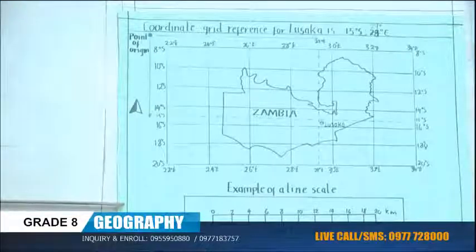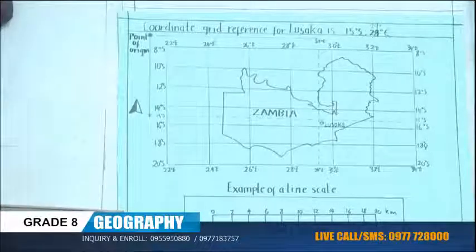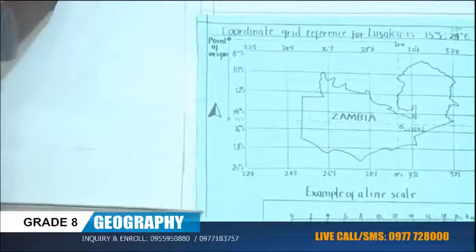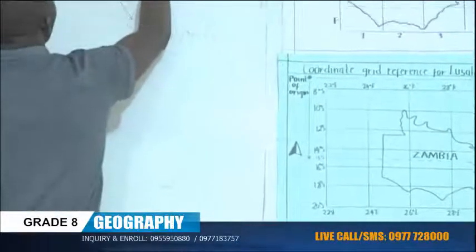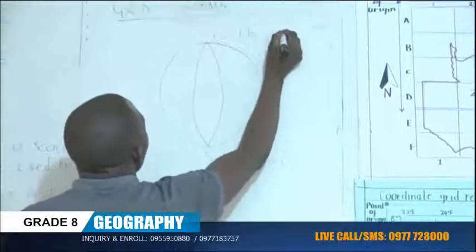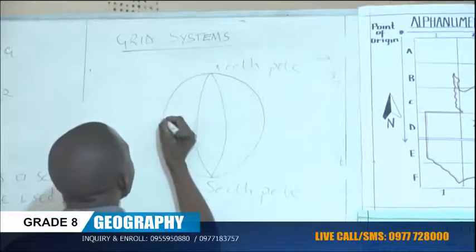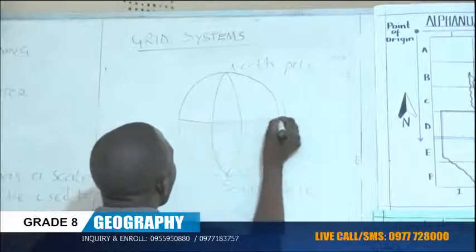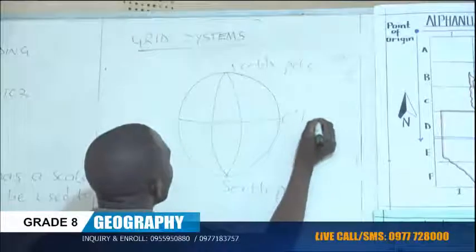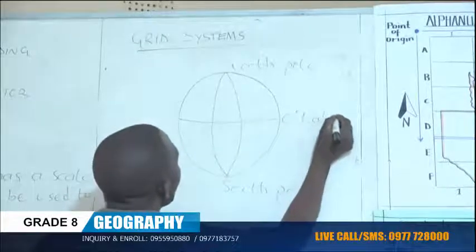Okay. This is South Pole. And this is North Pole. Then the center here, this is 0 degrees latitude of equator.